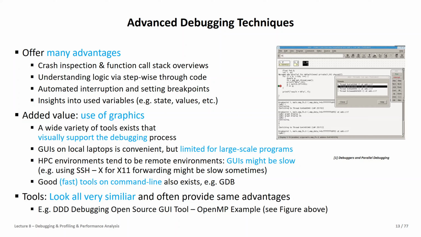One of the examples shown here is the DDD tool, an open source debugging GUI tool that you see here, where at least you can really do breakpoints. You can go through things you maybe know a little bit, of course, from things like the Eclipse environment or integrated developer environments that have something like this always, let's say, more or less included.